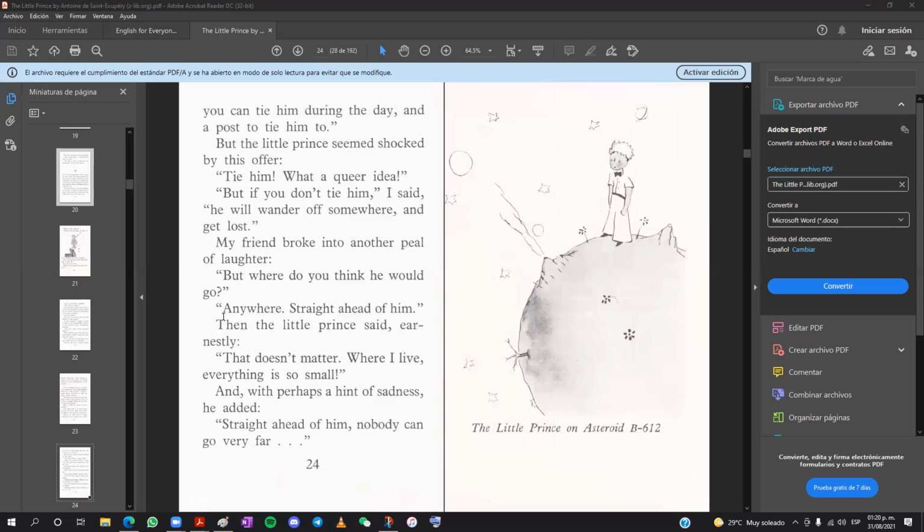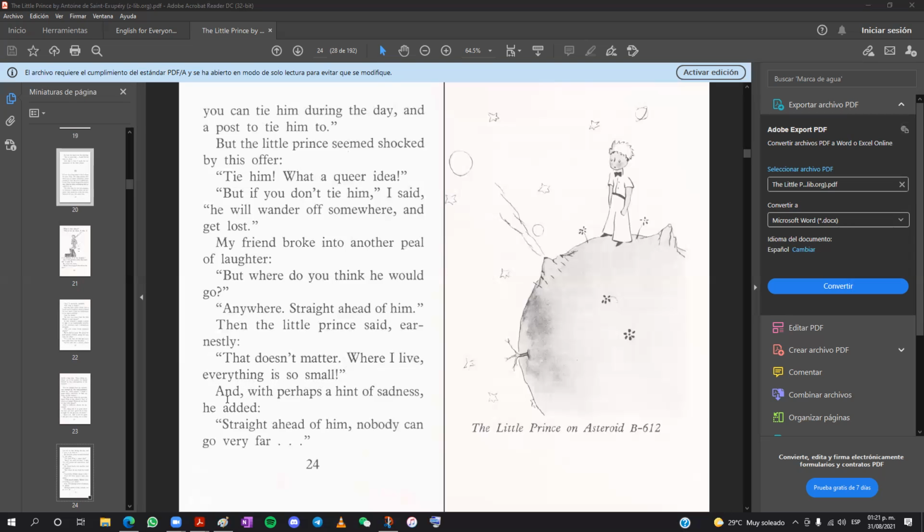Anywhere, straight ahead of him. Then the little prince said earnestly, that doesn't matter. Where I live, everything is so small.